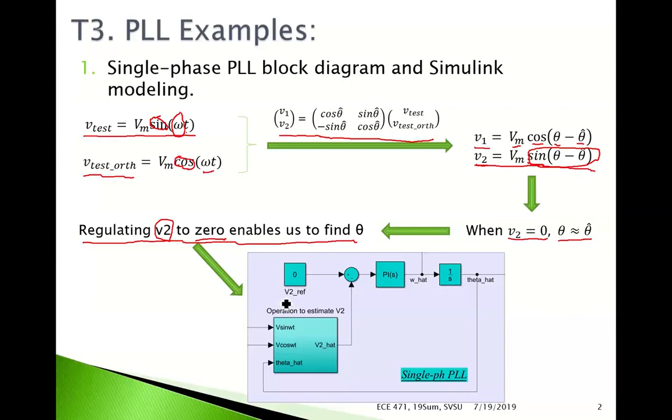Therefore, this is the resulting control block diagram, where we are regulating V2 to a reference value, which is 0. The 0 is compared to the estimated, or calculated, V2 to produce an error going through a PI controller to estimate theta hat, as well as the angular frequency omega hat. The subsystem down here is nothing but the implementation of the algorithm up here.